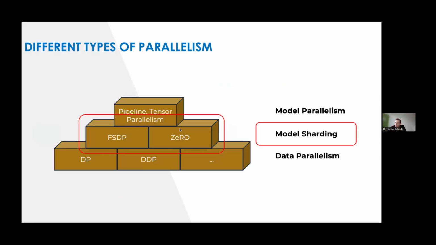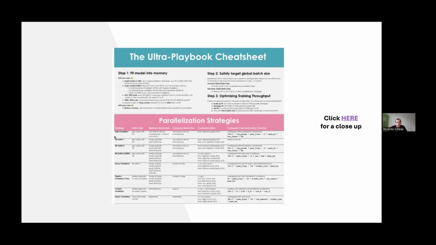Model sharding is divided into two main techniques: fully sharded data parallel and ZeRO, which is developed by Microsoft, while fully sharded data parallel is developed by PyTorch. If you want to look at all of the parallelization techniques, you can see this page on the HuggingFace site.